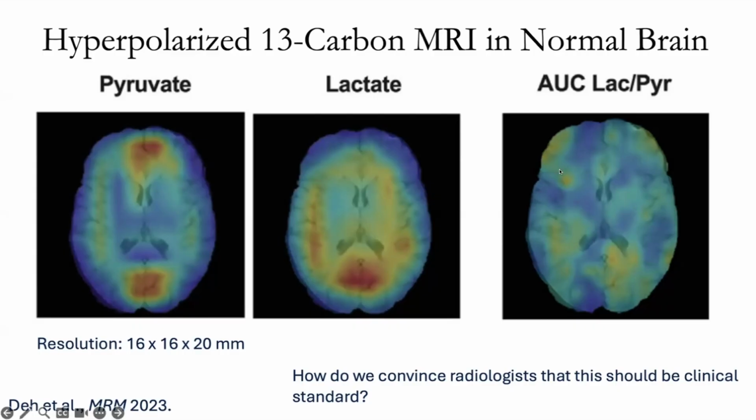And even for something like pyruvate to lactate metabolism, this image on the right is just the lactate to pyruvate ratio, which is a good enough proxy of it.